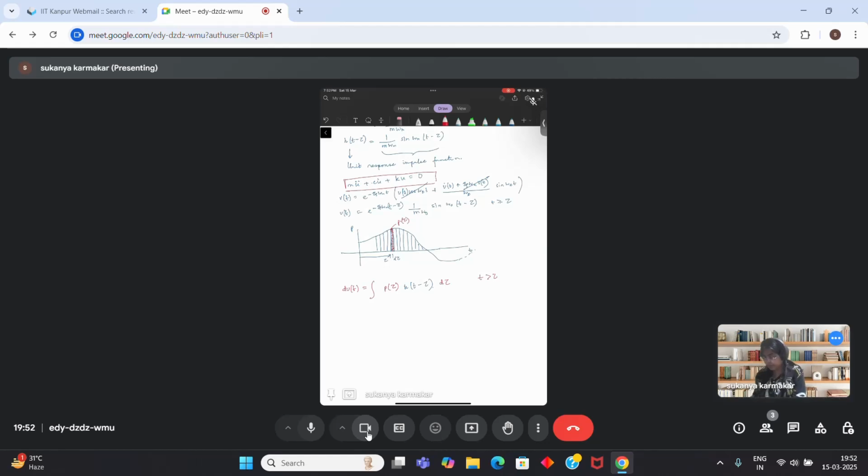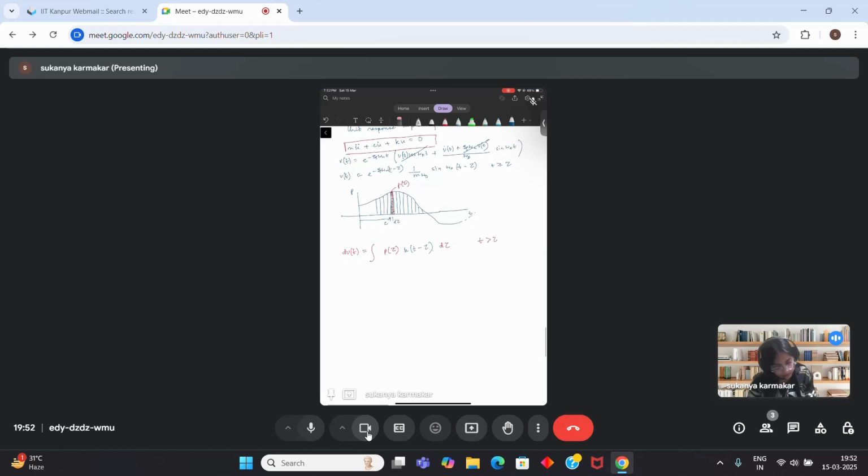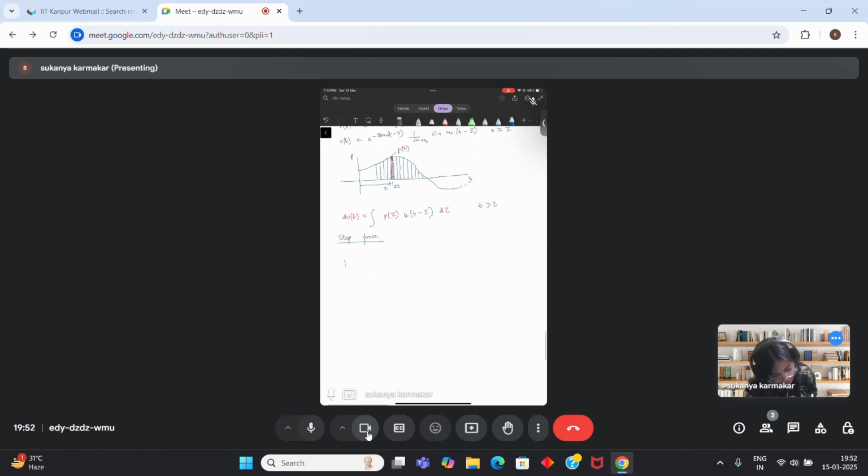Suppose I take the example of a step force. So what is the step force? Suppose I have this mass. There is no damping on the system. The stiffness is k.